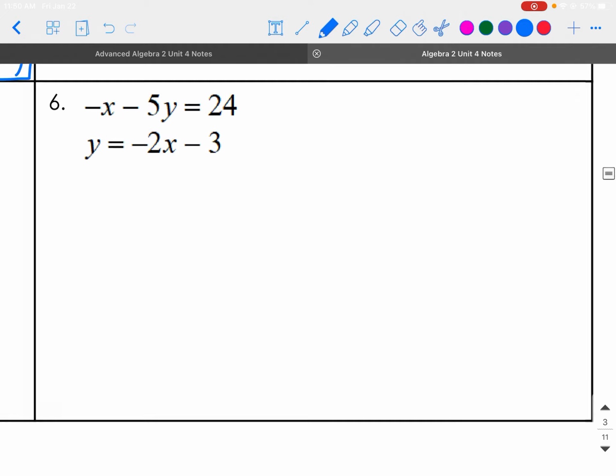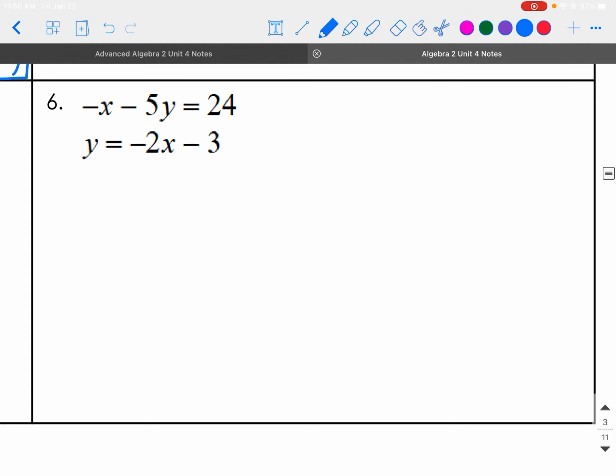All right, the last one, pause the video and see if you can do this one on your own. All right, number 6, I drew my box around negative 2x minus 3 because that's what y equals, and I'm taking it and plugging it into the y in the other equation.